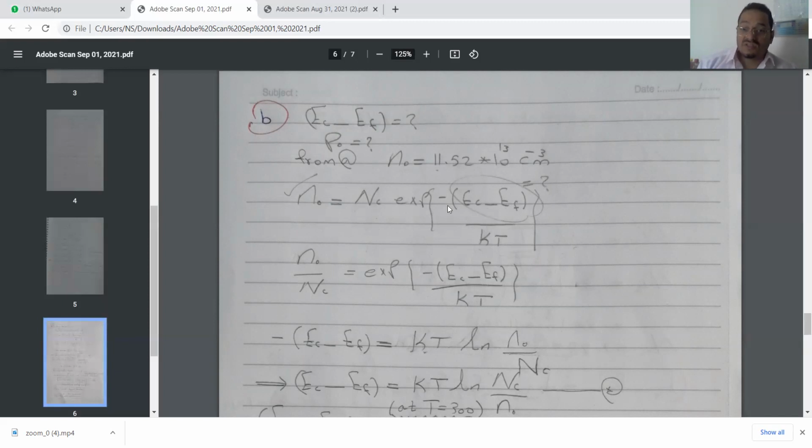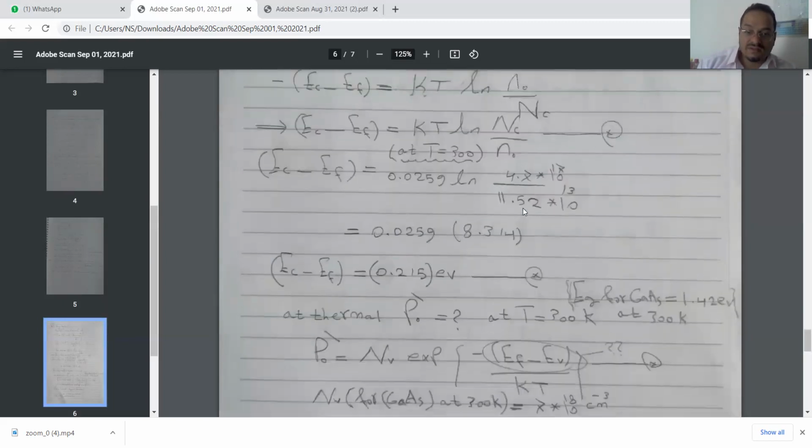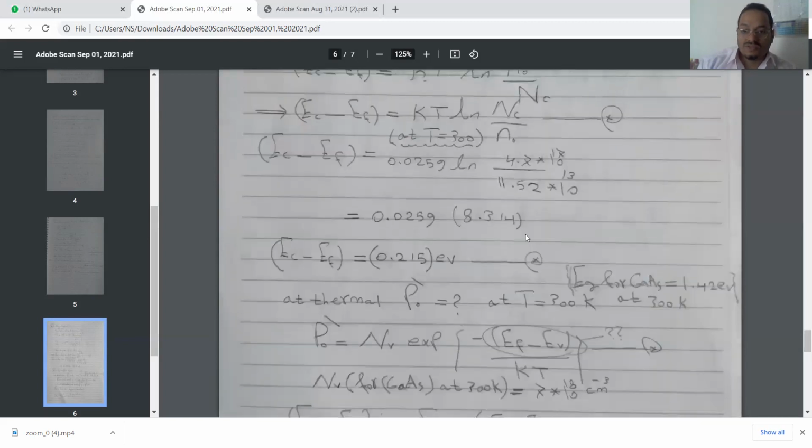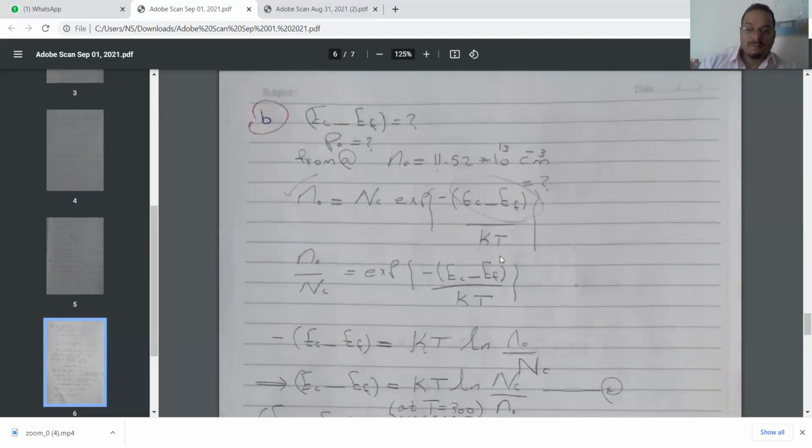That will be necessary to solve other questions, because we don't have the result for EF minus EV. So I will use this technique to find the equation for this bracket.